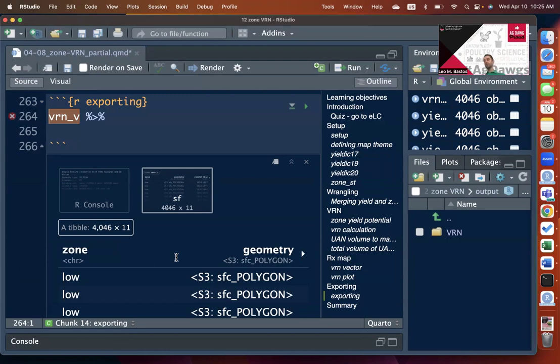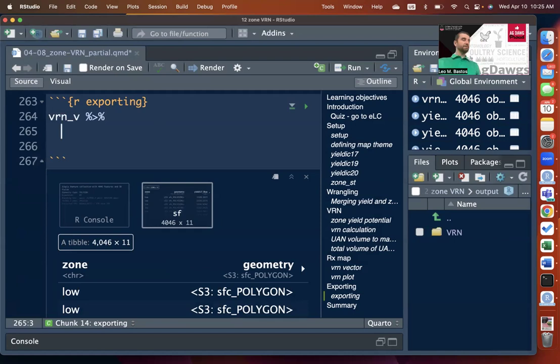I mean, we need a geometry to create a shapefile, but I want to give them the zone and the UAN rate just so they can look and make sure that's matching on their side when they're applying it. They really don't care about any of the other columns that were important for us when we were creating this. So if I want to only pick a couple of columns out of the 11 that we have, what function do we need?